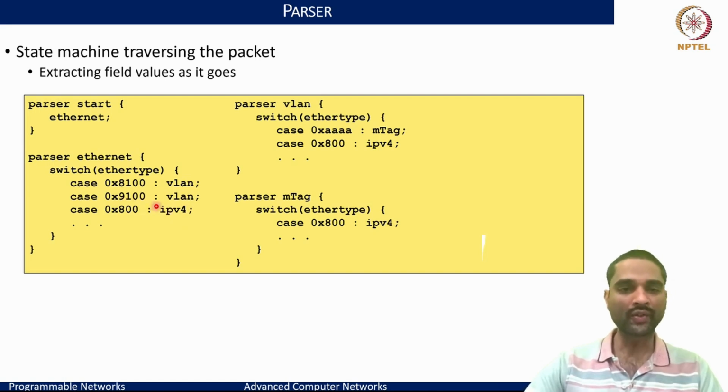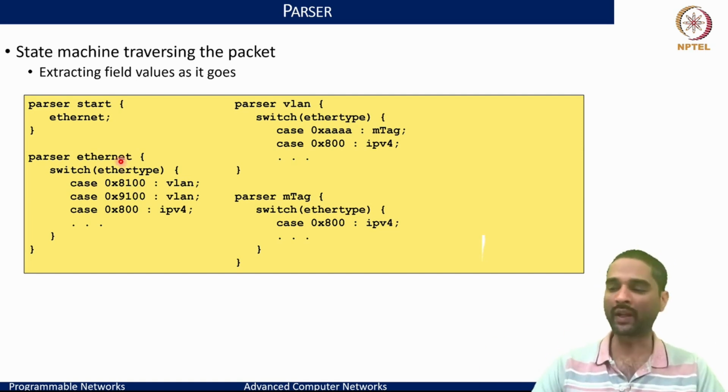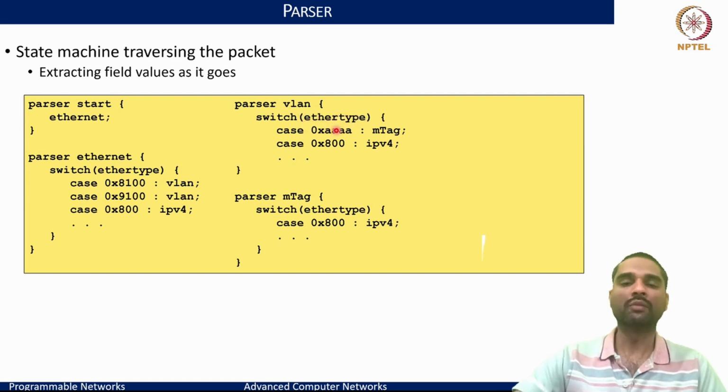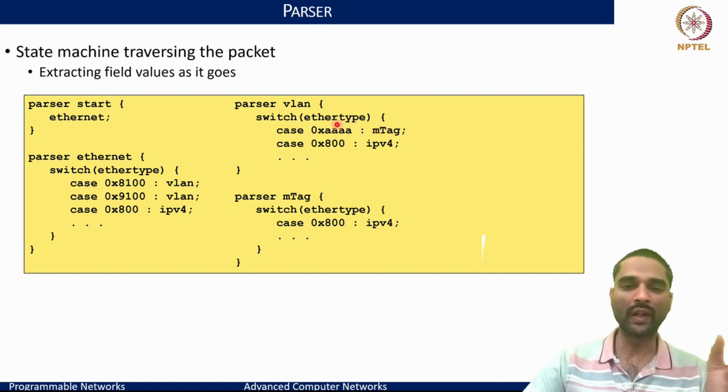And once it is in VLAN, if you remember, our packet had Ethernet followed by a VLAN and then our M tag. So it would come with the value 8100 and enter into the parsing of the VLAN. Here in the parse VLAN, we would switch on the ether type, and if we coded our ether type for the M tag as AAAA, then it would look up this ether type in the VLAN ether type field, match on it, and come to the M tag.